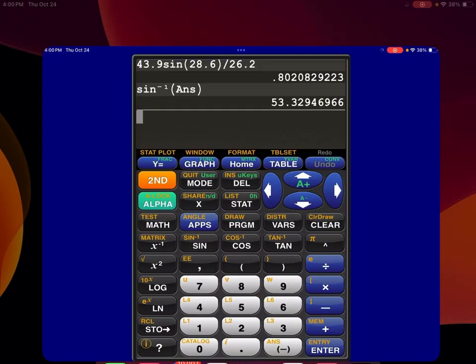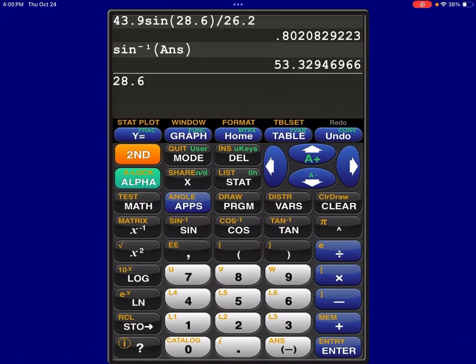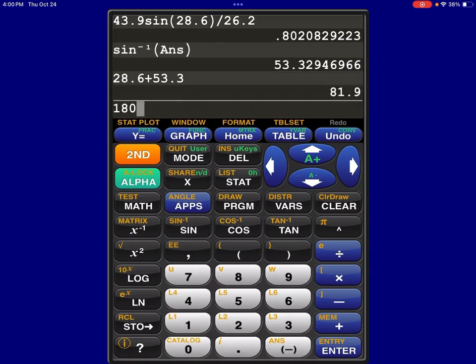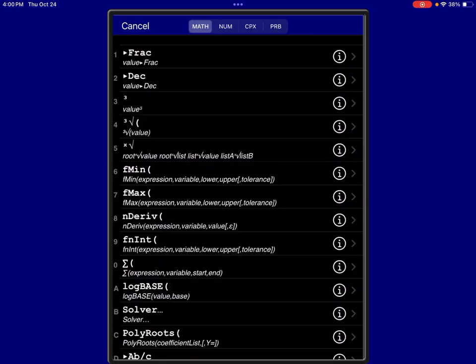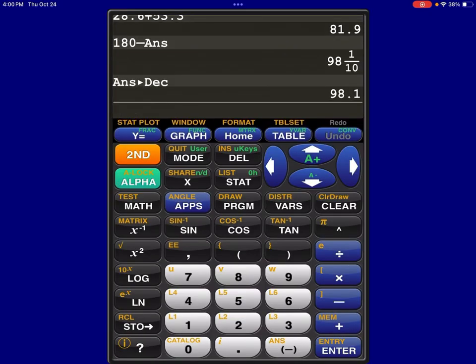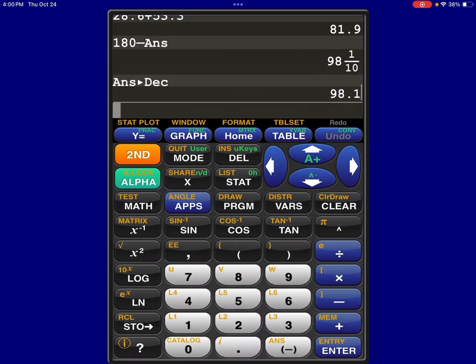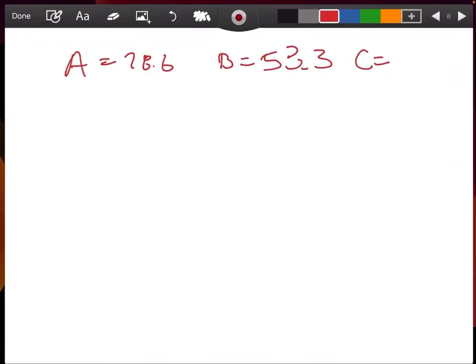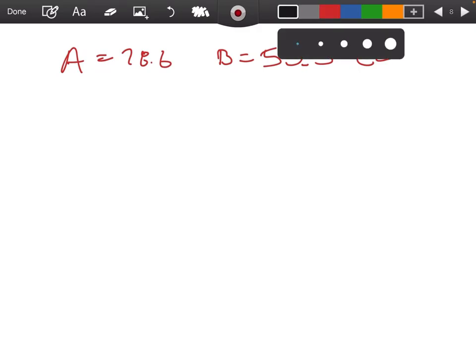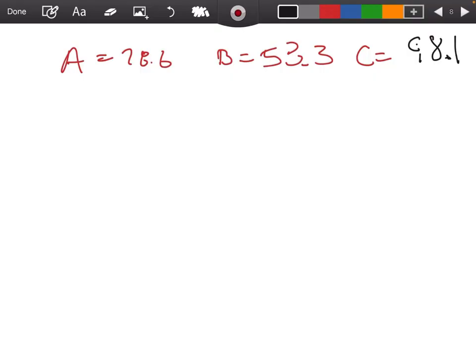So 28.6 plus 53.3, and 180 minus my answer. Let's convert that to a decimal. So, y'all, I'm coming up with 98.1 for angle C. So my angle C is 98.1, right?